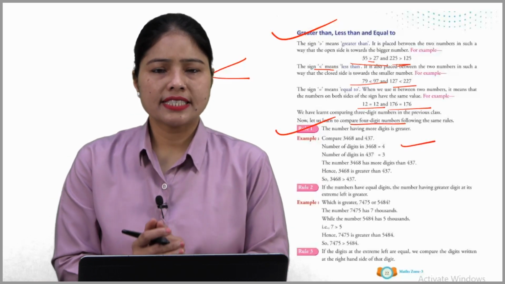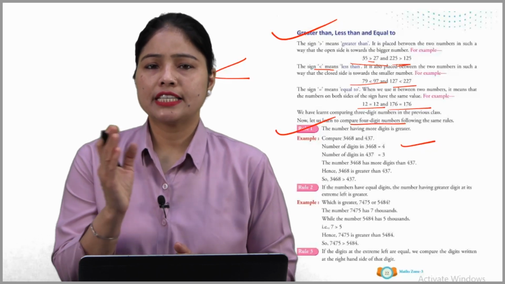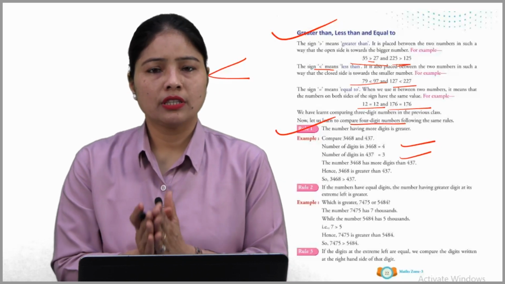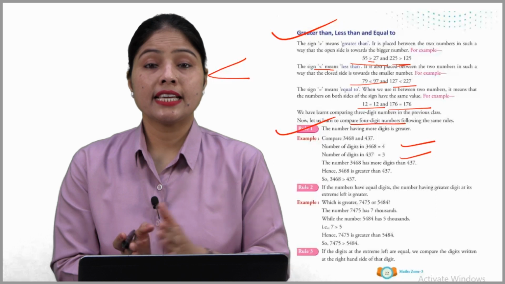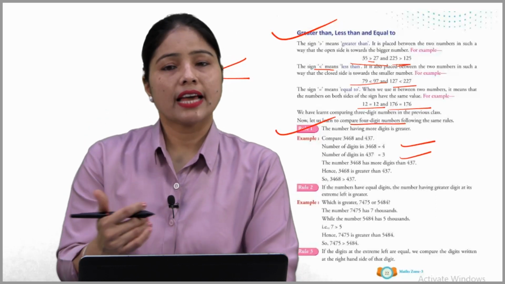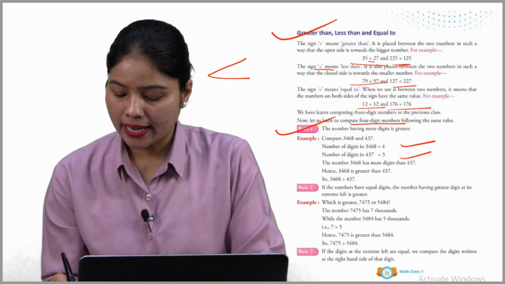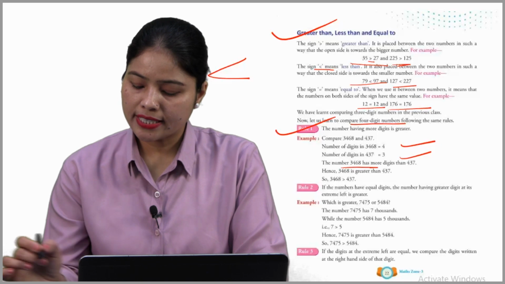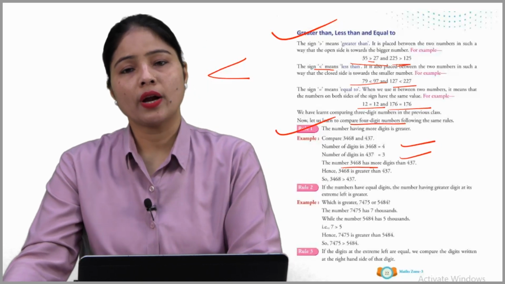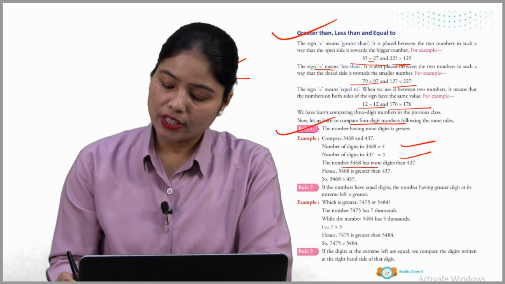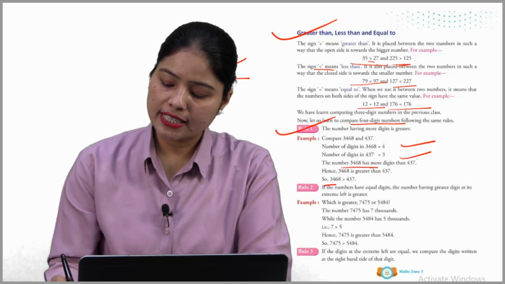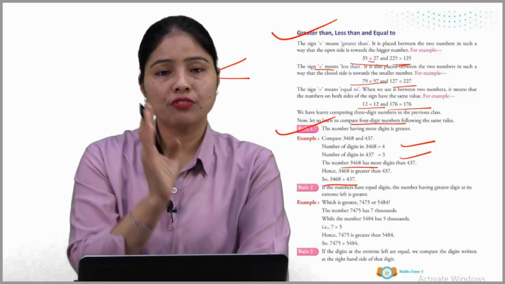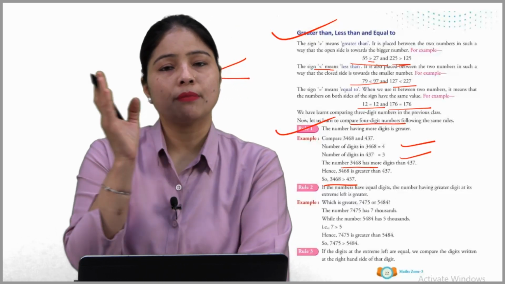The number of digits in 437 is 3. So if we compare these two, the number 3468 has more digits than 437. We know it has more digits. Hence 3468 is greater than 437. So this is how you have to find out which number is greater or which number is smaller.